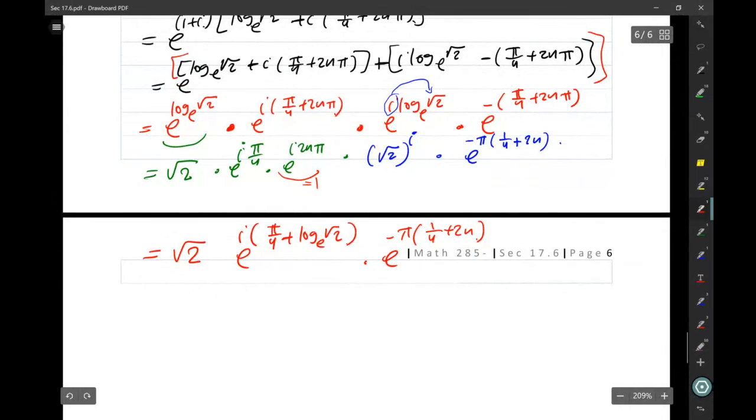Now this value here is equal to square root of 2.